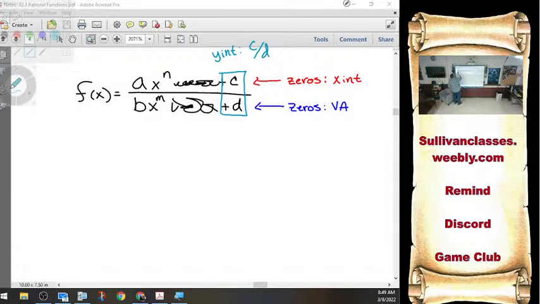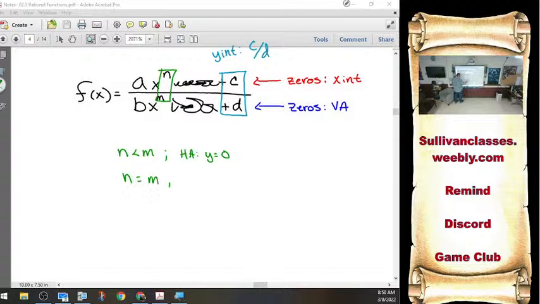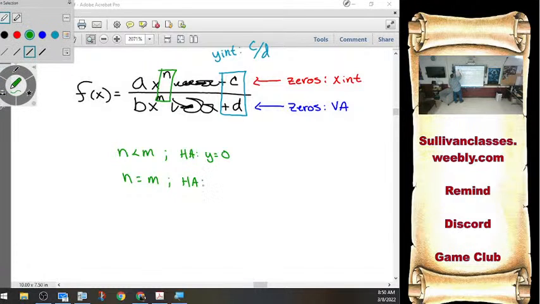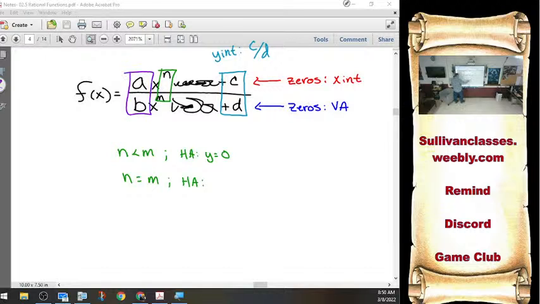And then next to it, now I'm looking at my rules. If n is less than m, horizontal asymptote y equals 0. If n equals m, horizontal asymptote is y equals a over b.